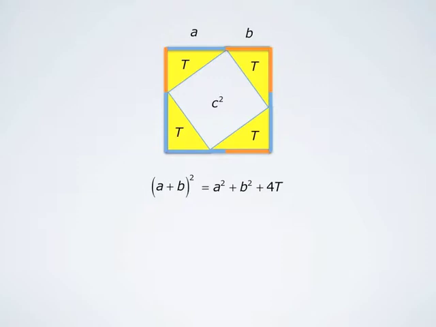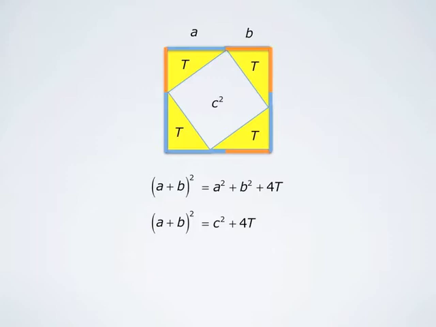This square in the middle has the side length c, that is the length of the hypotenuse of these right-angled triangles. Therefore its area is also c squared. So we have that (a plus b) squared equals c squared plus 4 times T. We still have these 4 right-angled triangles.